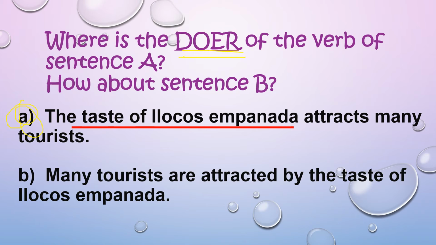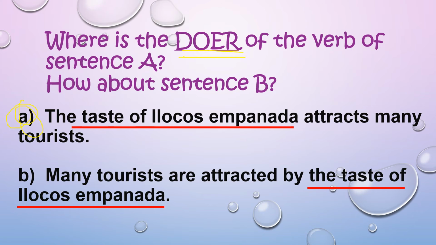Ano yung nag-a-attract ng mga maraming turista? It is the taste. So maybe Ilocos empanada is very delicious. That's why the taste is attracting many tourists. How about letter B? Just the same, the doer of the action is the taste of Ilocos empanada. Attracts many tourists.